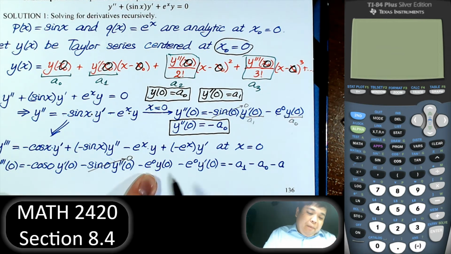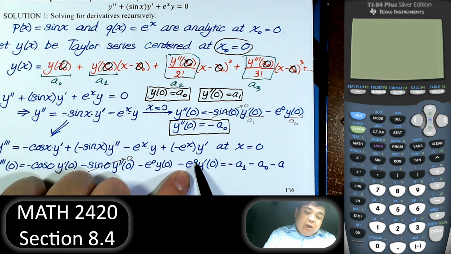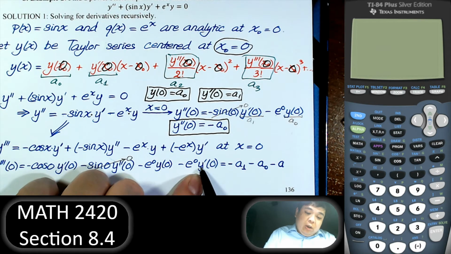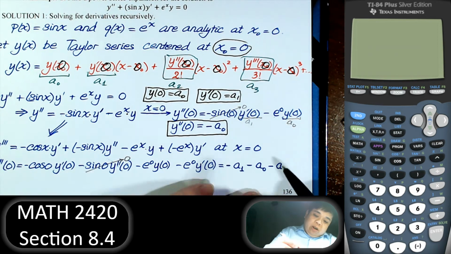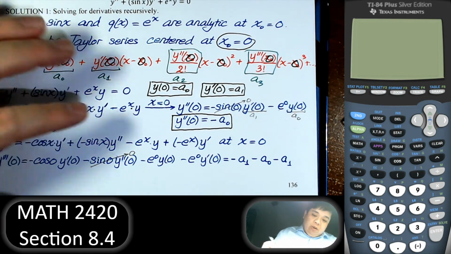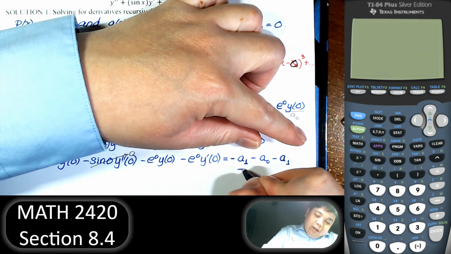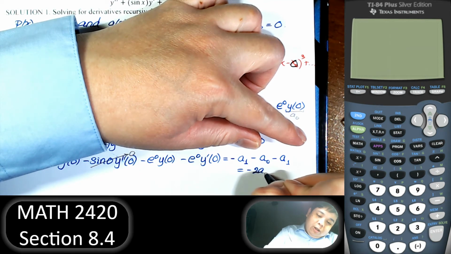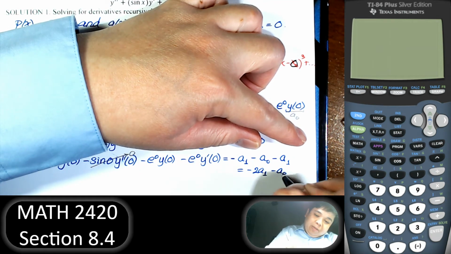Then minus e to the 0, which is 1, times y of 0, which is a naught, and minus y prime, which is a1. So we can say the third derivative at 0 is equal to negative 2a1 minus a naught.